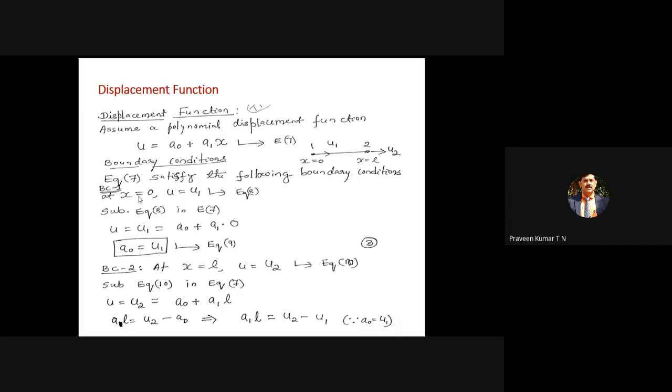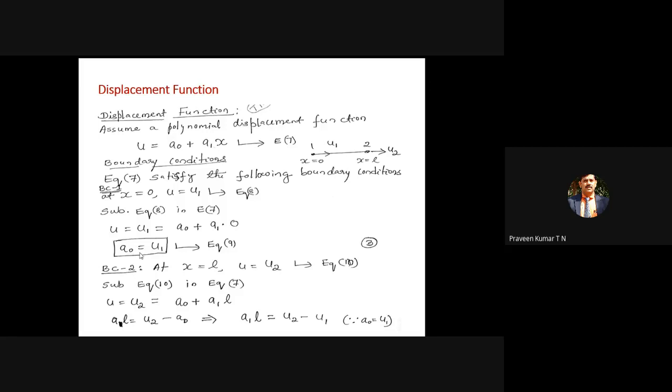At x is equal to 0, the displacement is U1. Since there are two unknowns, A0 and A1, we require two boundary conditions or nodal conditions. At x is equal to 0, the displacement at node 1 is U1. At x is equal to L, the displacement is U2. By using those two boundary conditions, we can get the values of A0 and A1. That is the mathematical concept.